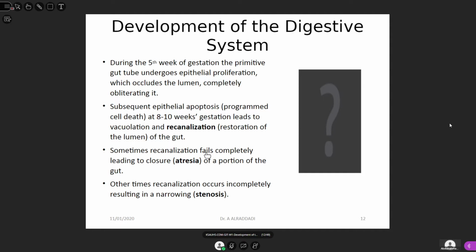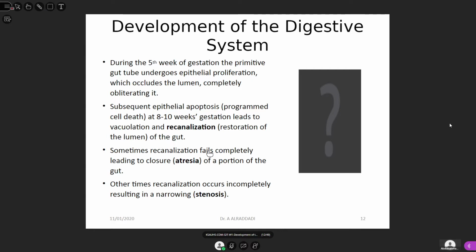So during the 5th week of gestation, the primitive gut tube will undergo epithelial proliferation, and this leads to obliterating or closing the gut tube completely. However, in weeks 8 to 10, the recanalization process will start, through apoptosis, and this leads to restoring the gut lumen.